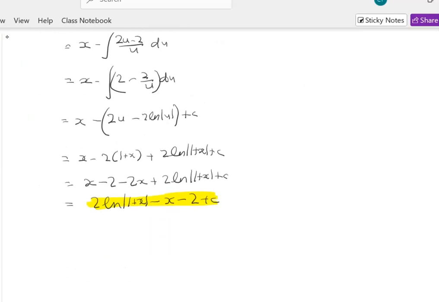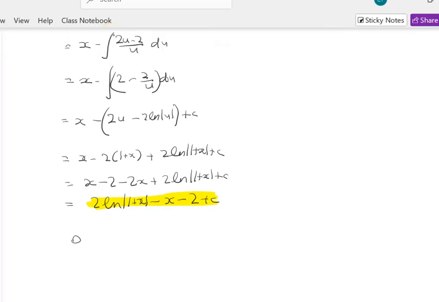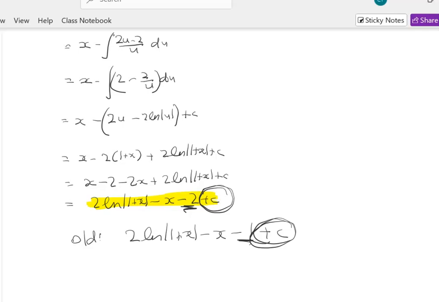So down here, the old version gave me 2 ln 1 plus x minus 1 plus c. Right, so what happens when we work it through this way is that the plus c that we're going to get in this substitution will be 1 off the plus c here, and then from there it all works out.